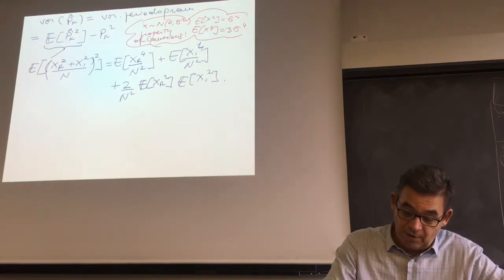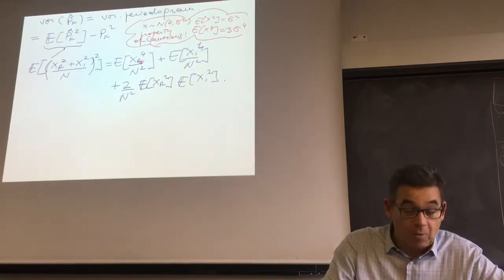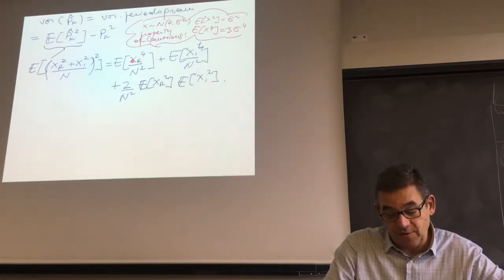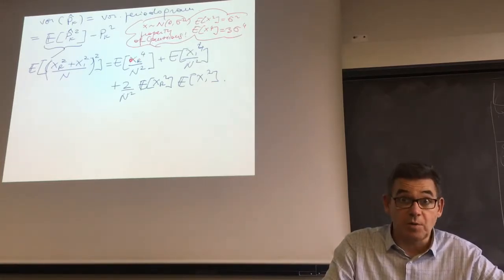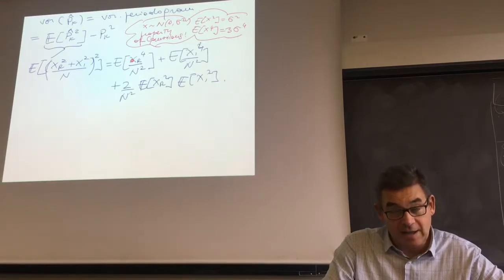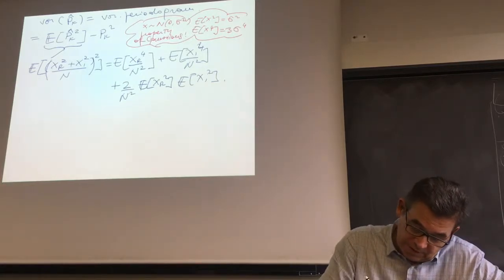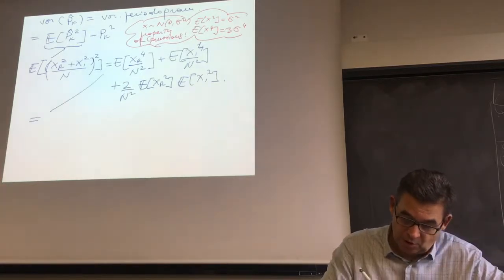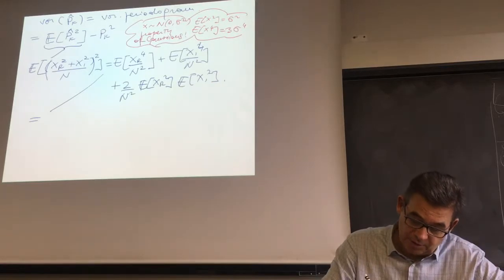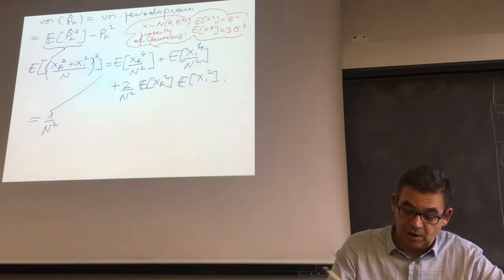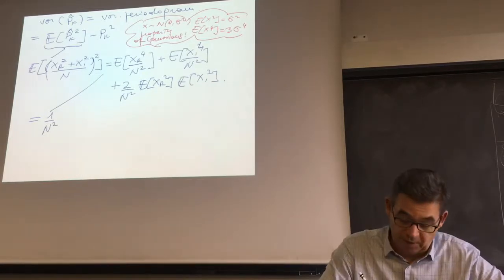So here we have a 4th power. The 4th power is the variance squared, okay? And the variance was the power itself. So let's apply the rule. So this is equal to 1 over n squared, because n squared goes all over, okay?